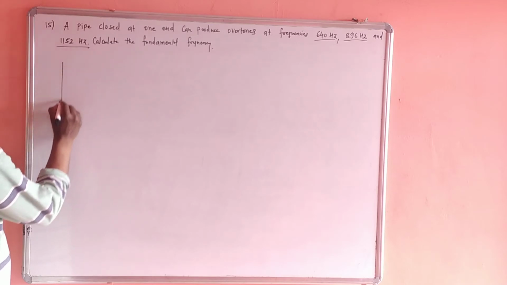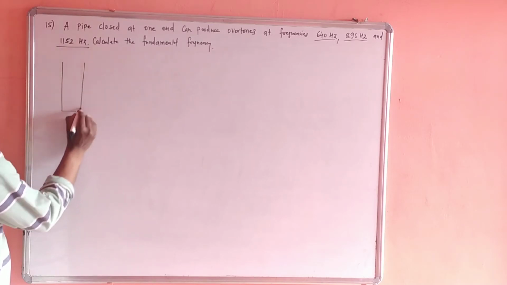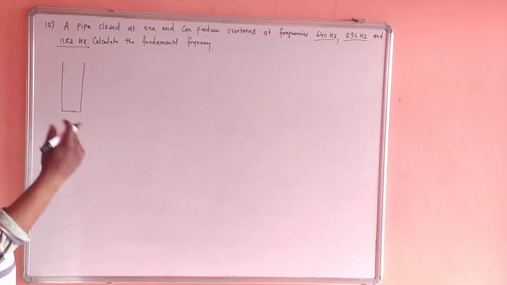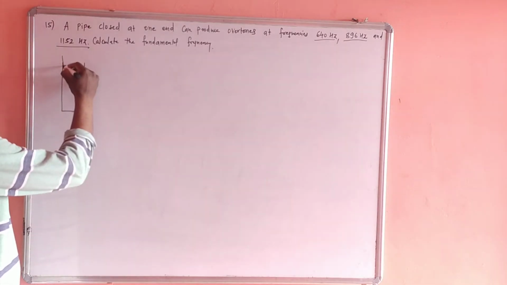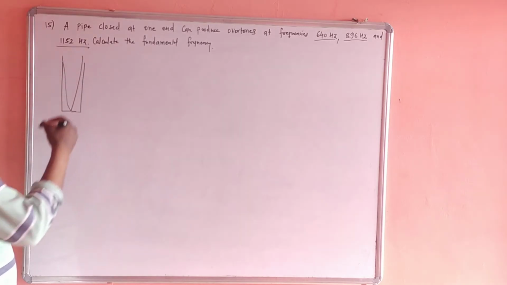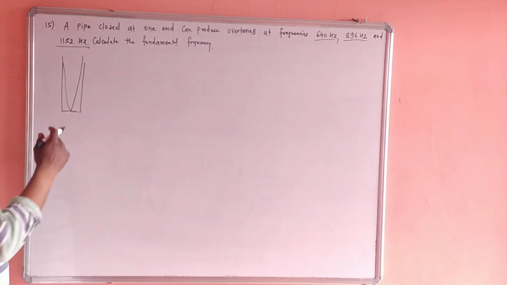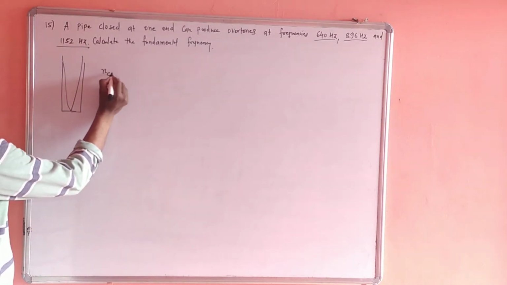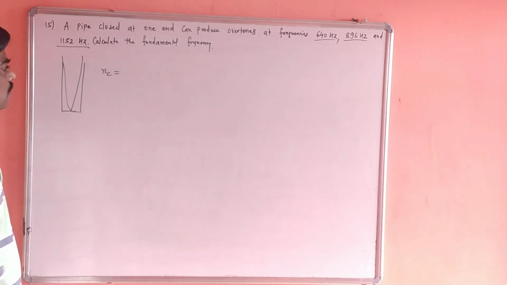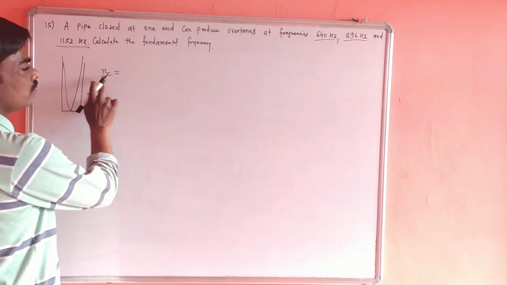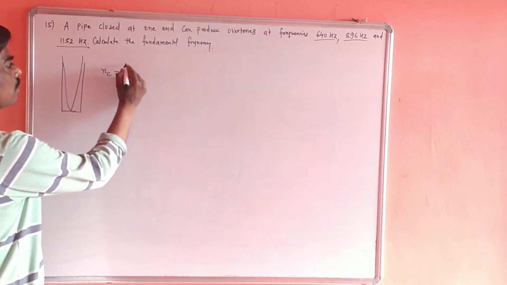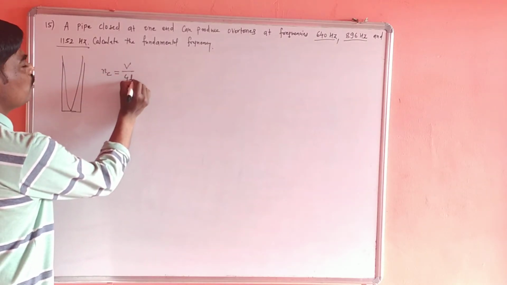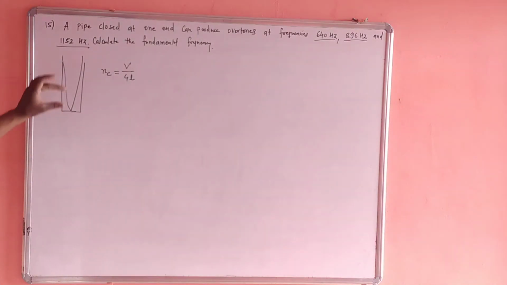As we know that if pipe is closed at one end, so in first mode of vibration, that is in fundamental mode of vibration, simply half loop can be produced there, and therefore fundamental frequency of vibration becomes NC. C means closed pipe. Fundamental frequency of closed pipe is V by 4L. So this is first frequency, that is fundamental frequency.